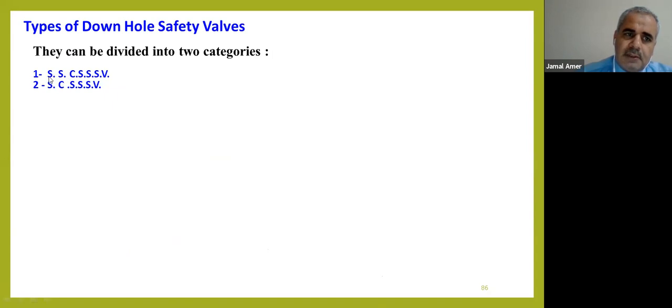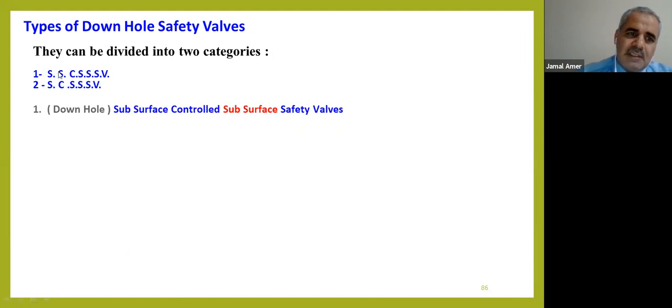Here we have subsurface controlled and surface controlled subsurface safety valves. These are the two categories of downhole valves. With the subsurface controlled type, the control of how to operate the well is from downhole, not from the surface.